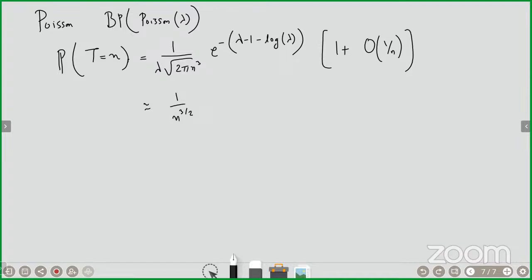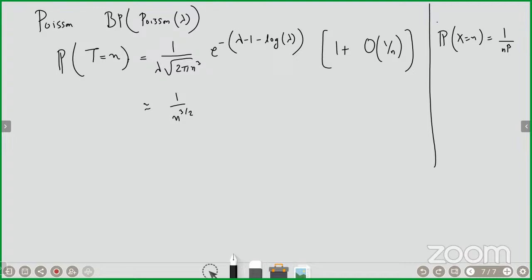So again, it is decreasing almost linearly. This distribution is called a power law distribution. So the bottom line will be that for a branching process with Poisson random variables, you actually have 1 over n to the 3 by 2 growth.